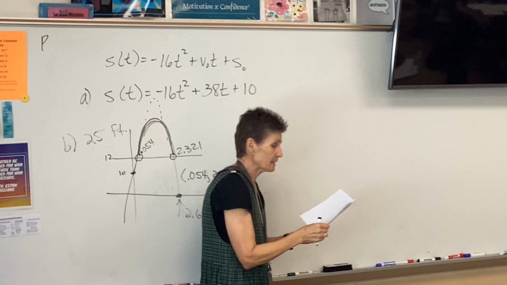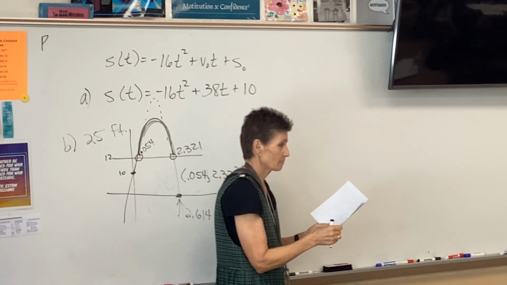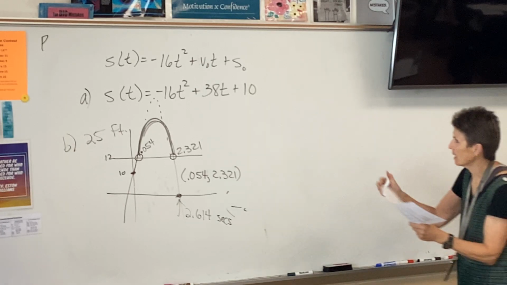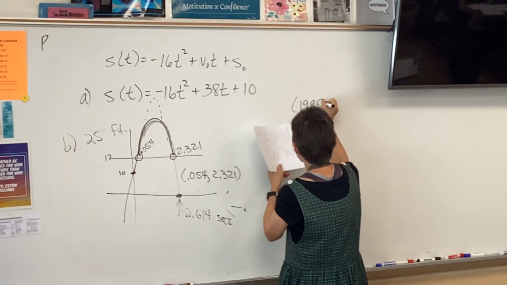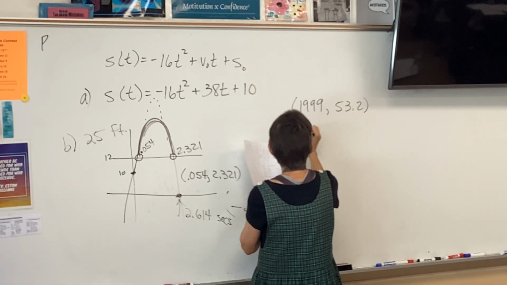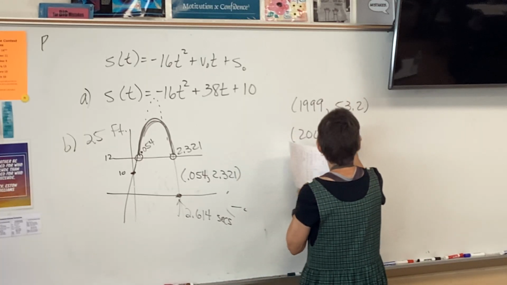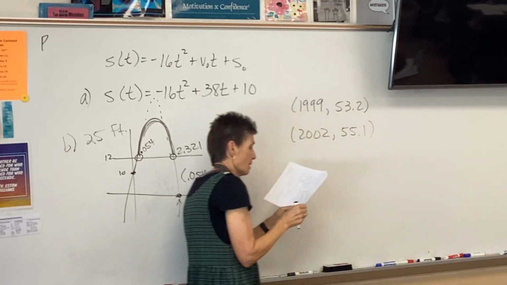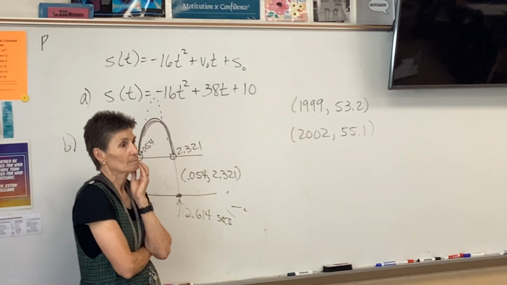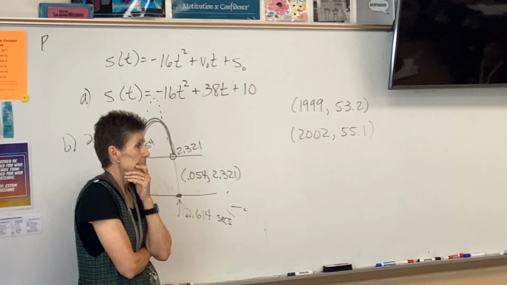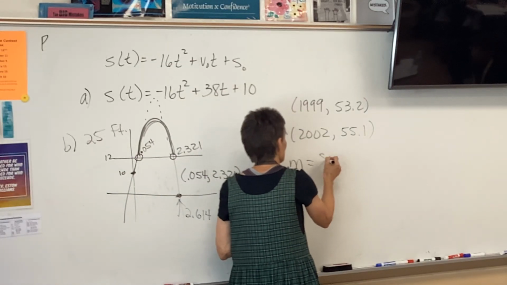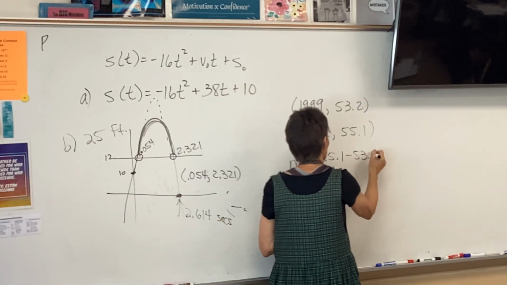So using the data from 1999, so 1999, comma 53.2, and 2002, write a linear equation for this data. You know how to do this, Michael. Slope. Yeah, we're gonna find slope. So 55.1 minus 53.2.